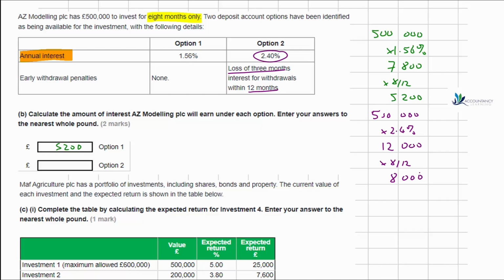But in this case, because we lose 3 months of that, we still need to reduce that further. So we need to multiply by 5 of the 8 months that we have invested for. And that means we would earn a total income of 5,000. So in this case, it would suggest that option 1 would be the preferable option.